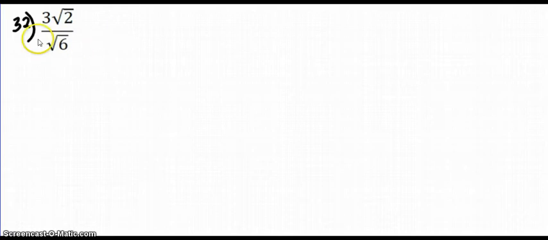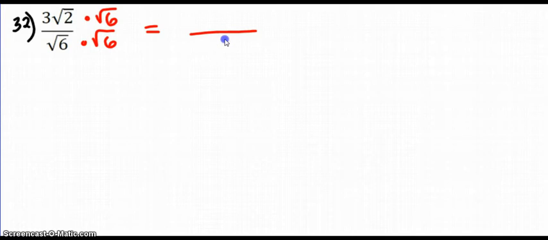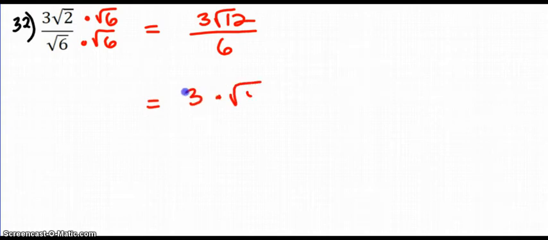And in our last example, again, we have a radical in the denominator, so we are going to multiply by the radical to get rid of it. So I'm going to multiply the bottom by root 6 and the top. So that will take care of the radical in the denominator, but let's see what happens on top. 3 root 2 times root 6. So I'm going to multiply the radicals together, so I have 3 root 12. Root 12, though, is not simplified. Root 12 has a perfect square factor. So I'm going to simplify that, right?